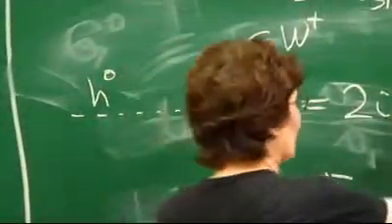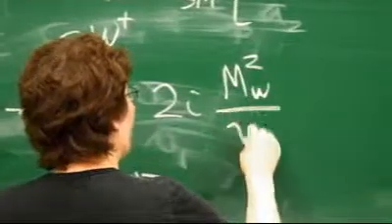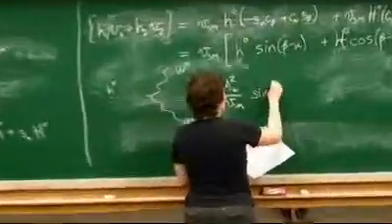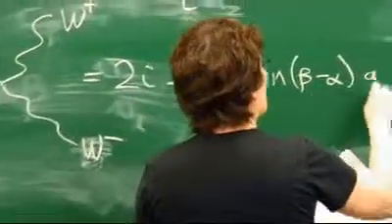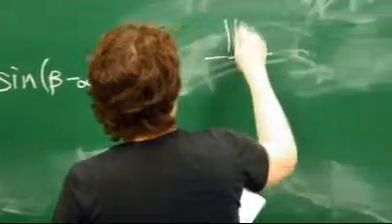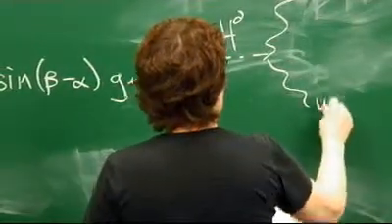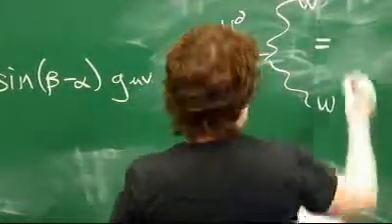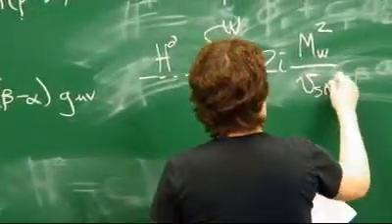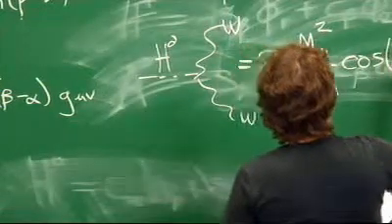This is just equal to the standard model coupling, because when you pull out this V standard model, you recover exactly what you would have gotten in the standard model, but with a modification factor, which is sine beta minus alpha. Similarly for big H, you get the exact same thing with a modification factor which is cosine beta minus alpha.